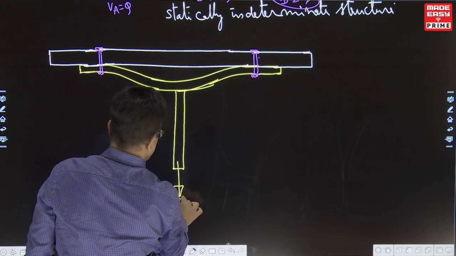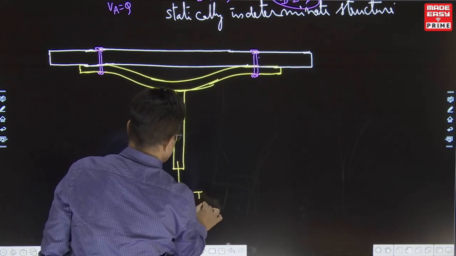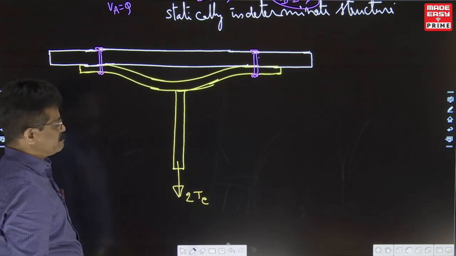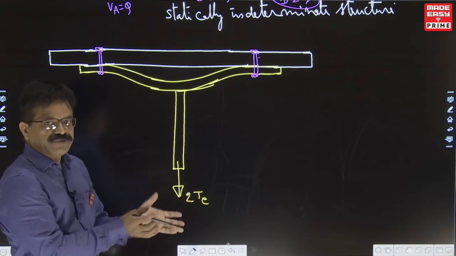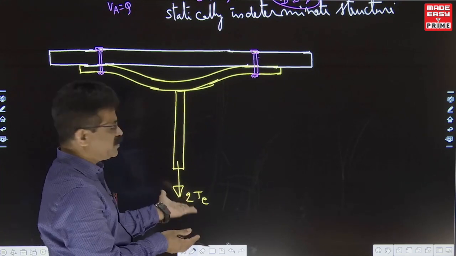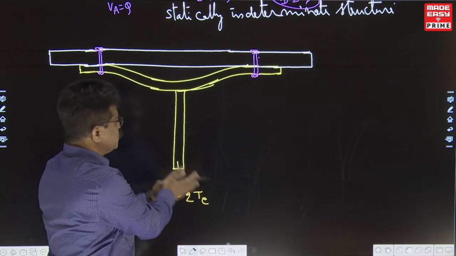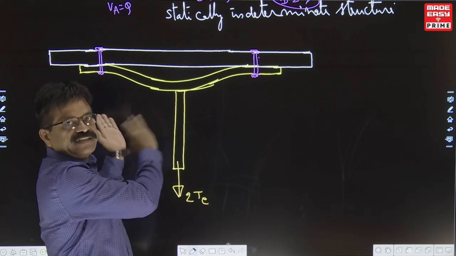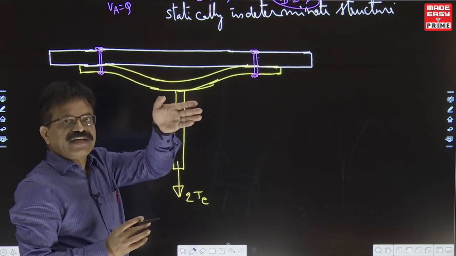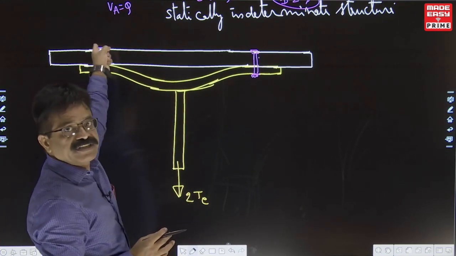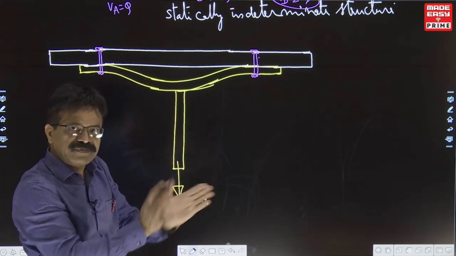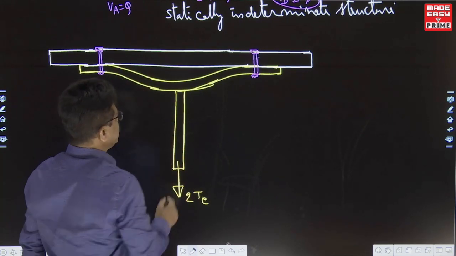On this one you are applying some force, say 2TE, let us say. Why we call it 2TE instead of W is just so that the force will be shared equally, so that TE will develop. If I simply write T, I have to write TE by 2. So to simplify our expression, we take it as 2TE.